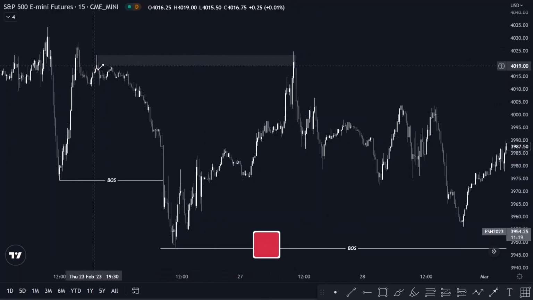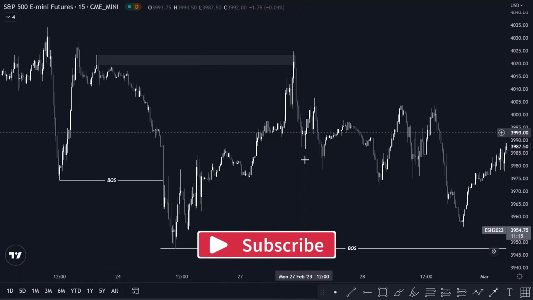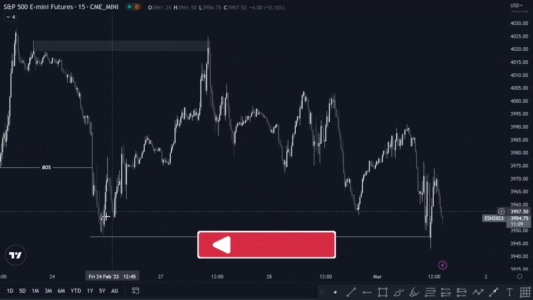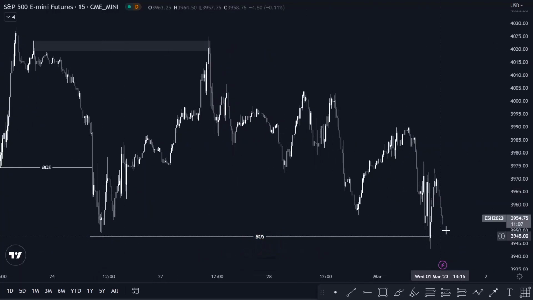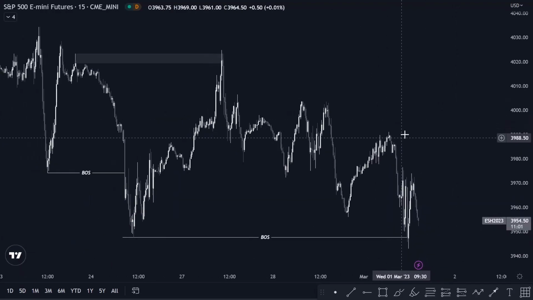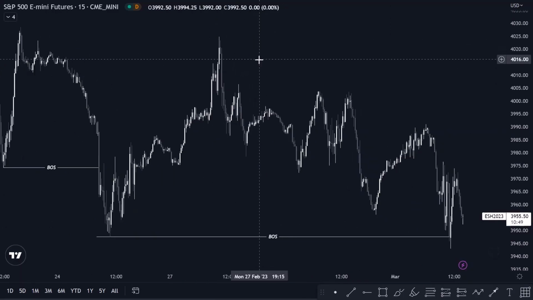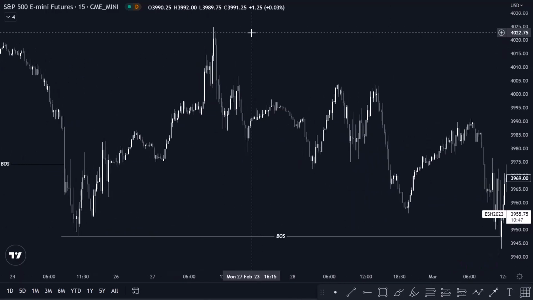So in this case, we saw that price respected this order block from here, and then price made another breakout structure here. This is today, so a breakout structure. But first of all, this is our highest point. So this is our high probability order block.